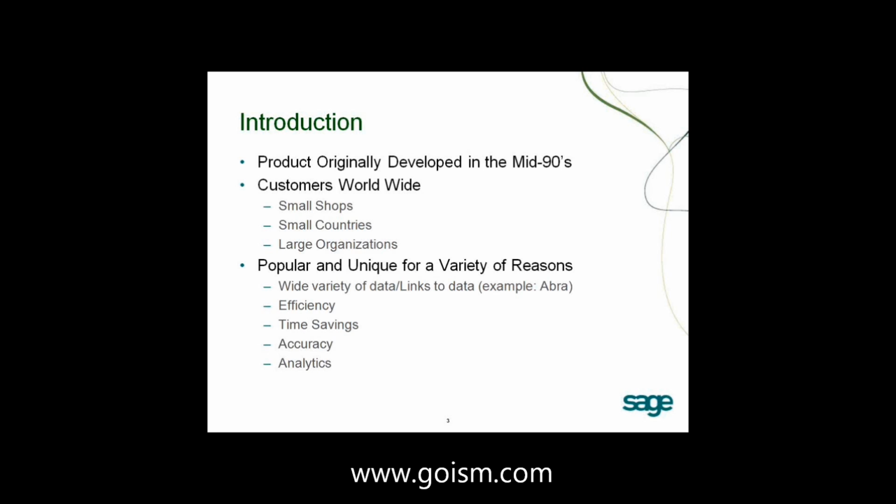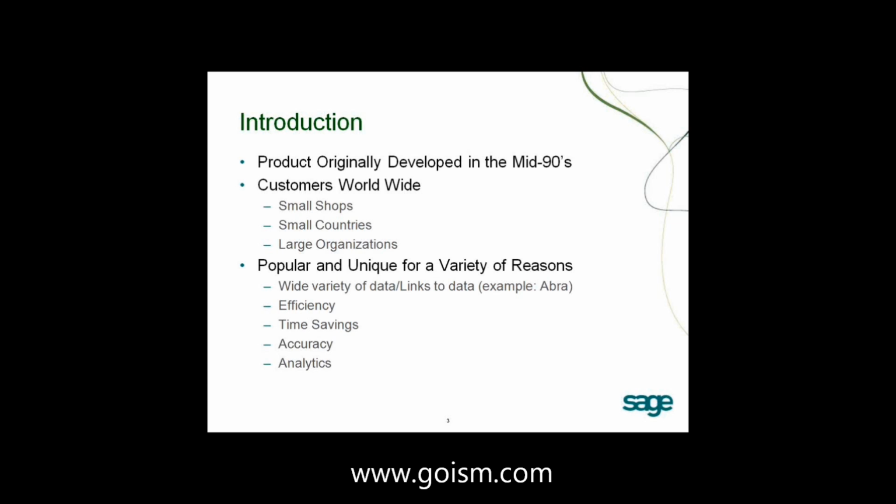The other big reason that it's extremely popular is its ability to link to a wide variety of data. Not only can we, as I already mentioned, get Active Planner to link to your general ledger information regardless of the Sage GL you're on, but it can actually also link to all your other data sources as well, Sage, non-Sage, third-party, whatever, and bring all that information together in somewhat automated fashion.